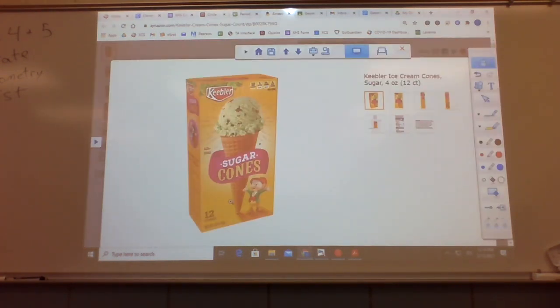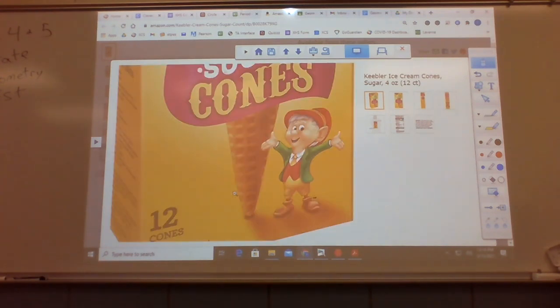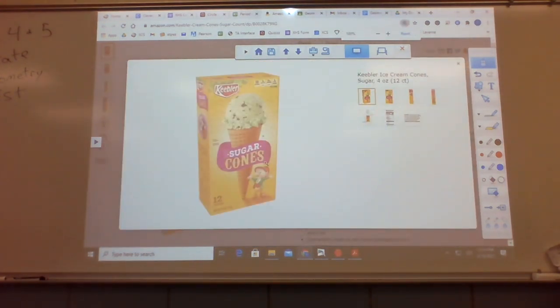Is the ice cream cone theorem. If you notice, this dip of ice cream kind of looks like a circle. So I've got a circle sitting on top of a cone. This is a sugar cone because the sugar kind of comes out.